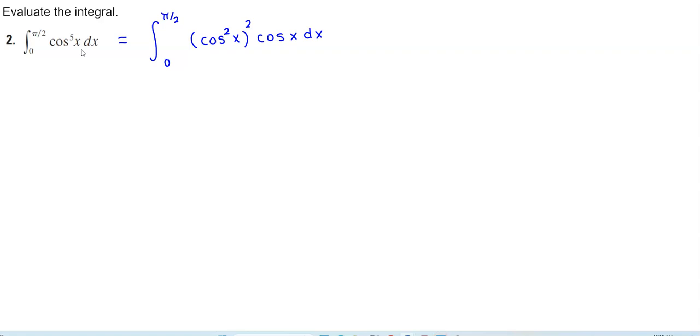Now we can replace the cosine squared x with a trig identity. What do we know about the cosine squared x? Remember that the cosine squared x plus the sine squared x equals 1. So if we solve for the cosine squared x, that equals 1 minus the sine squared x.